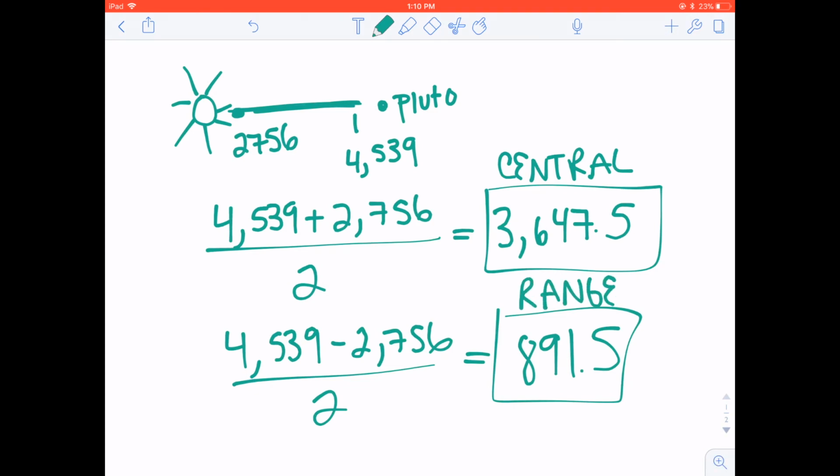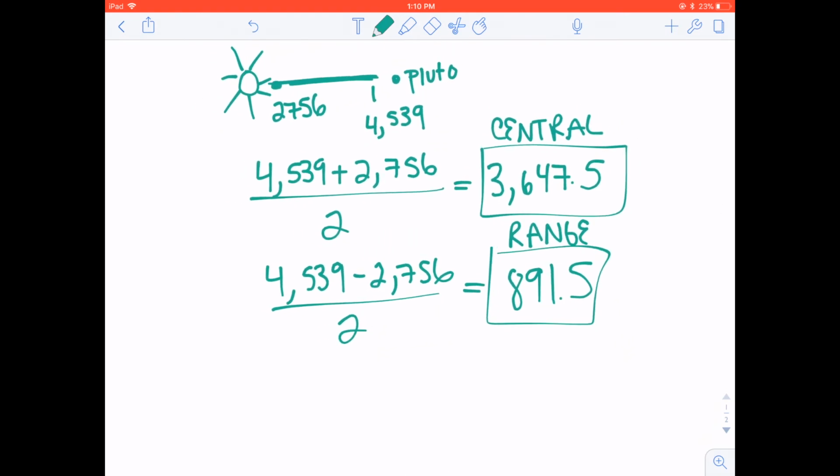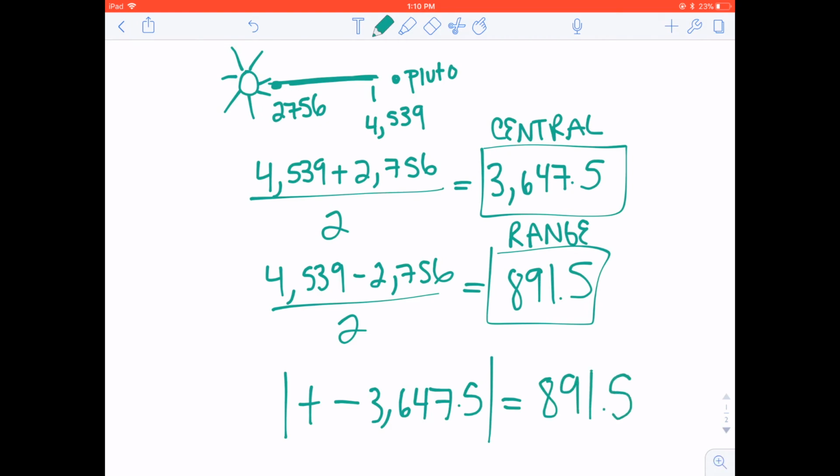This is our range of distances. So then when we set up our equation, we're just going to have t minus 3,647.5, which is our central, equals our range of 891.5. And then I'll let you solve that from there.